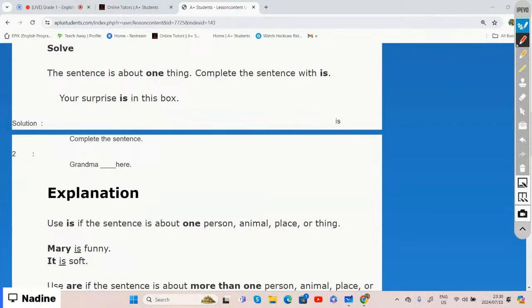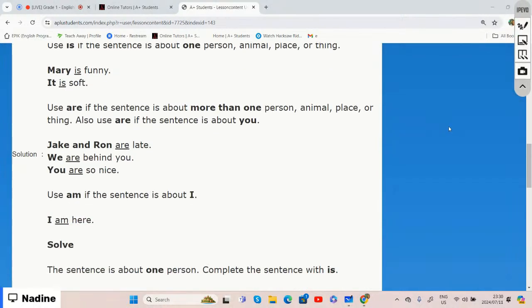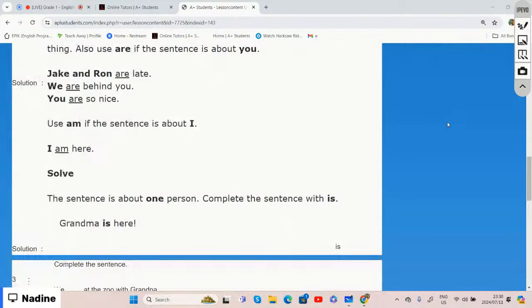And if we were to choose the correct one, we can say grandma is here, right? We're referring to one person. Grandma is one person, right? So we say grandma is. If I were to say nanny is here, Gabby is here, or use anybody else's name, then we say is. But all the students are here.